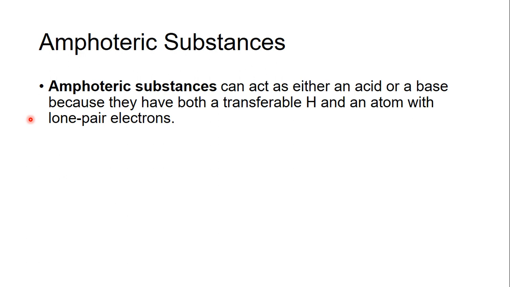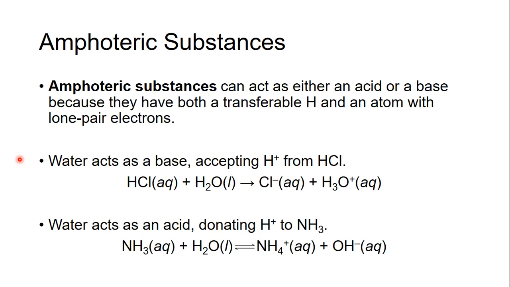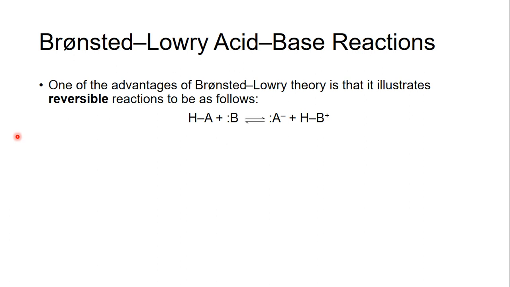Amphoteric just means something that is both an acid and a base. It has an acidic hydrogen, but can also take on a hydrogen. And to do that, you need an atom with a lone pair of electrons. So as I said, water is both an acid and a base depending on what it's mixed with. All right.